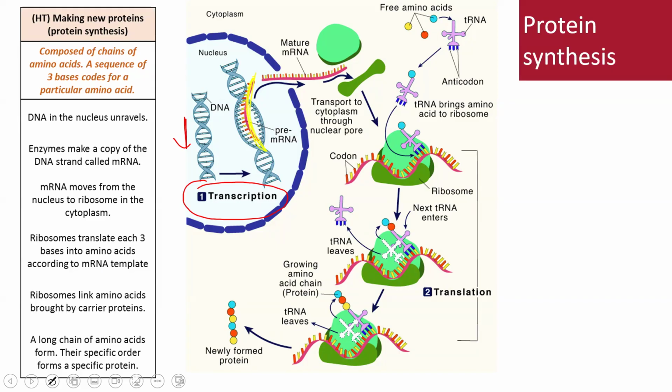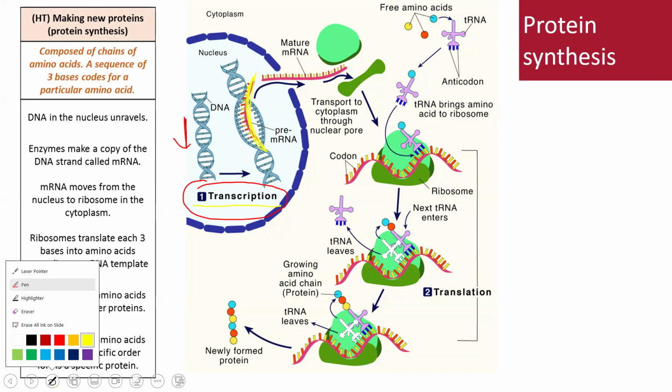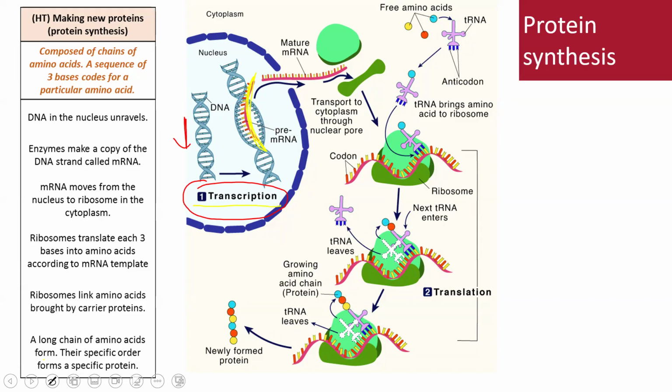That strand of RNA is what's called transcription, so you're transcribing something. That strand of mRNA then goes out of a pore in the nucleus and heads towards a ribosome, which is these here.